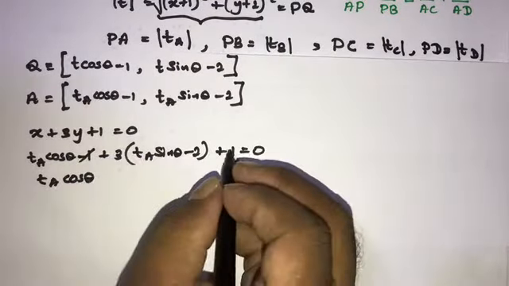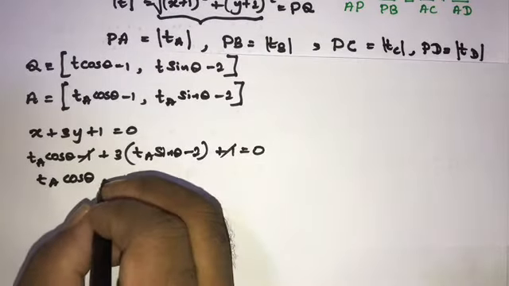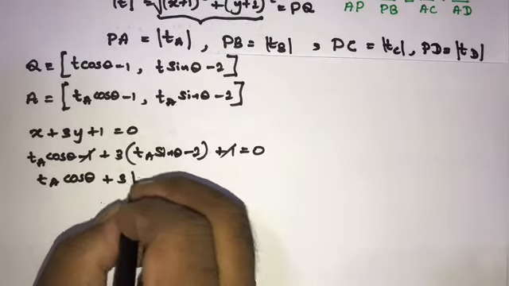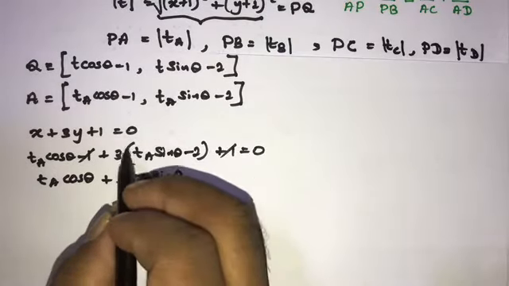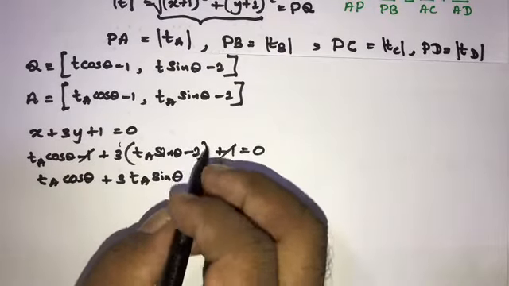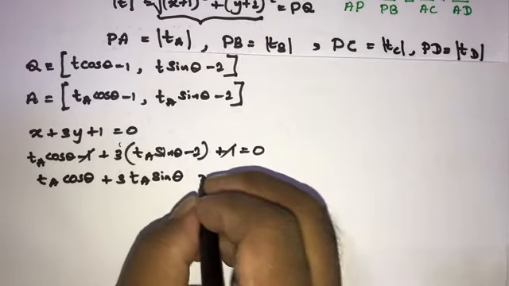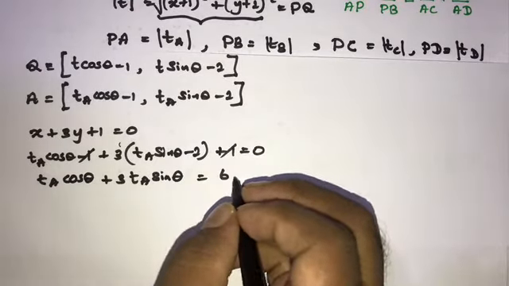Minus 1 plus 1 get cancelled, plus 3 times tA sine of theta, and 3 times minus 2 is minus 6, so we write plus 6.